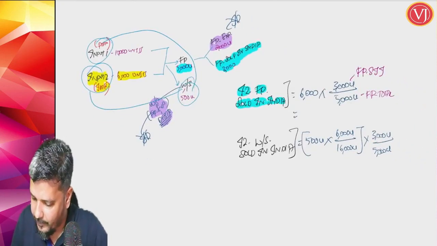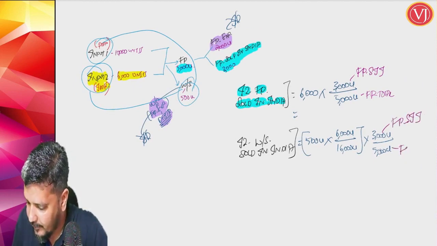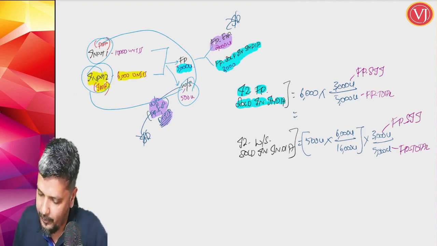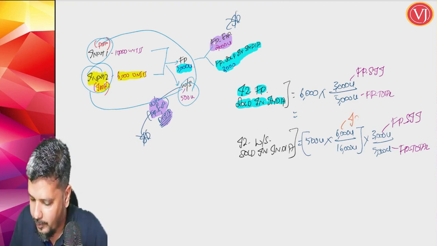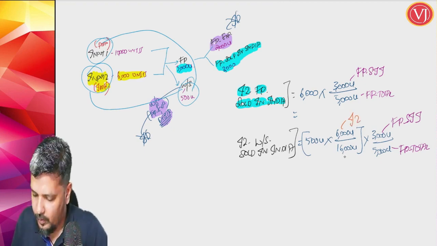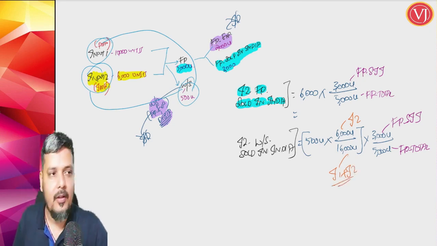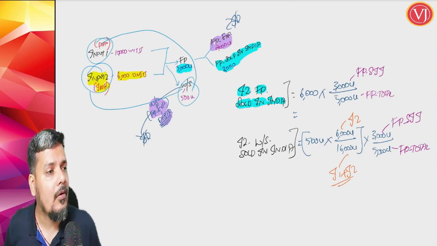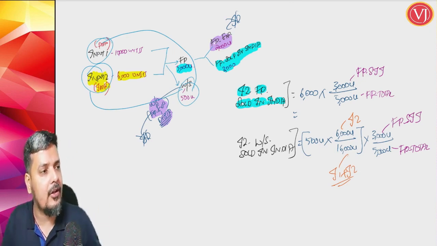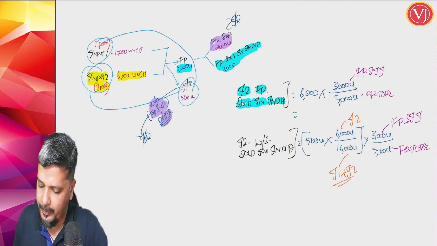But here you just cannot take this as final product sold in India divided by total final product. Before doing that, you have to also apply one more ratio: input 2 divided by input 1 plus input 2. Why? Waste and scrap is not only coming out of input 2. It is also in relation to input 1. So, here there is one step extra.